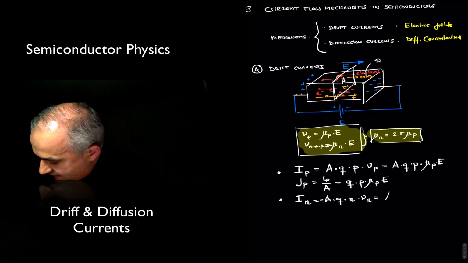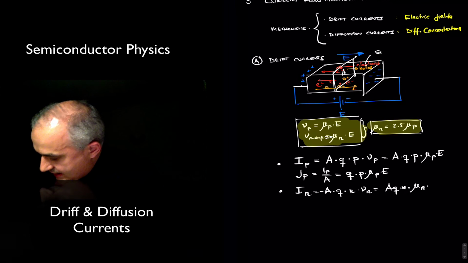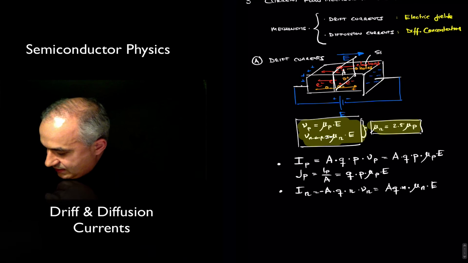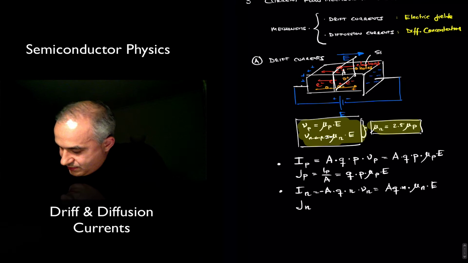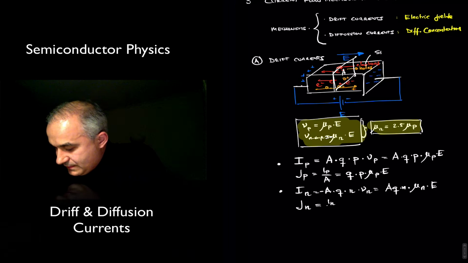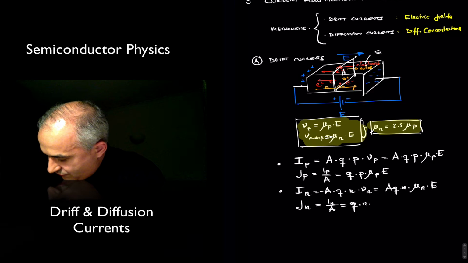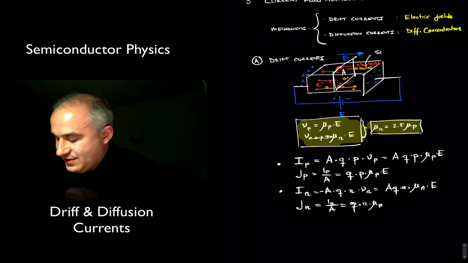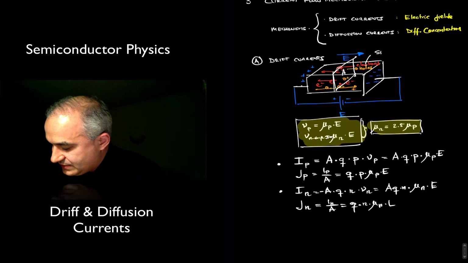So you're going to have A Q times N times mu N times the electric field. And therefore, the current density in the case of holes, you get Q, the charge, concentration of holes, mobility of holes, plus Q, concentration of free electrons, mobility of electrons, times electric field.